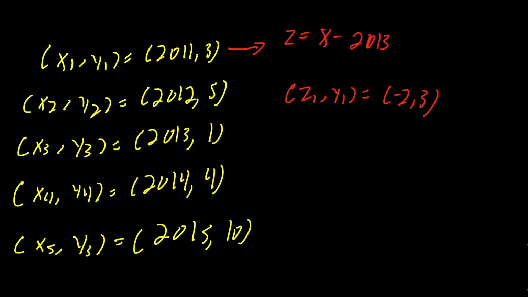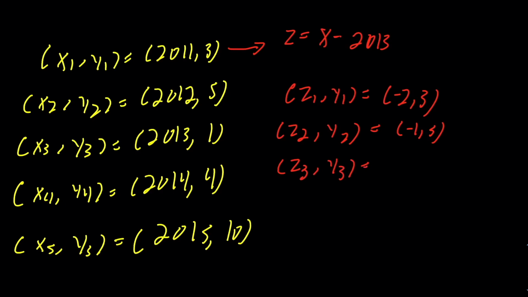What if we do the same for x2? We end up with z2 and y2. Plug x2 into the equation and we get -1, 5. Okay, what about x3? Can we put that into the z equation? Most definitely.